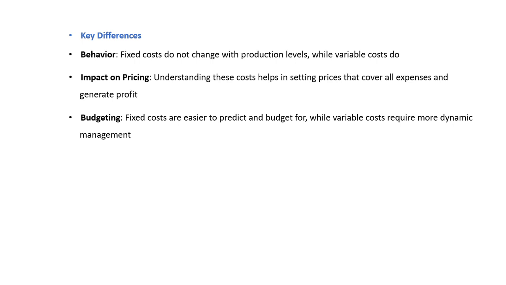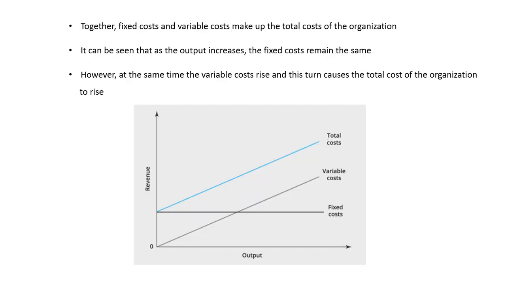Key differences. Behavior, fixed costs do not change with production levels, while variable costs do. Impact on pricing. Understanding these costs helps in setting prices that cover all expenses and generate profit. Budgeting. Fixed costs are easier to predict and budget for, while variable costs require more dynamic management.